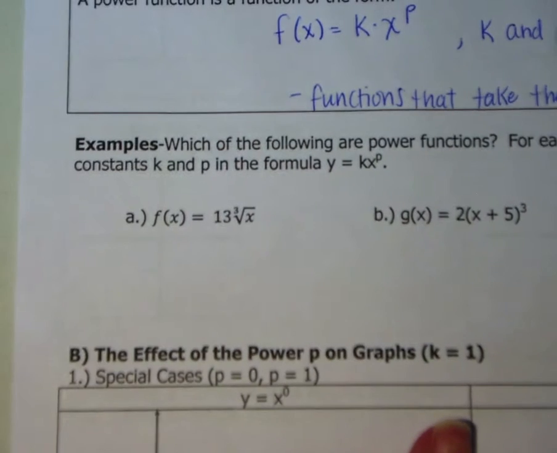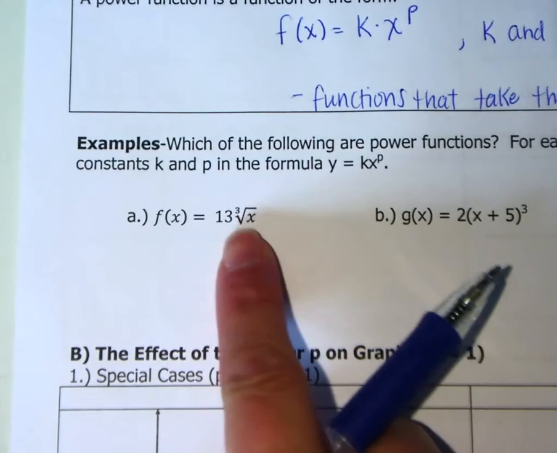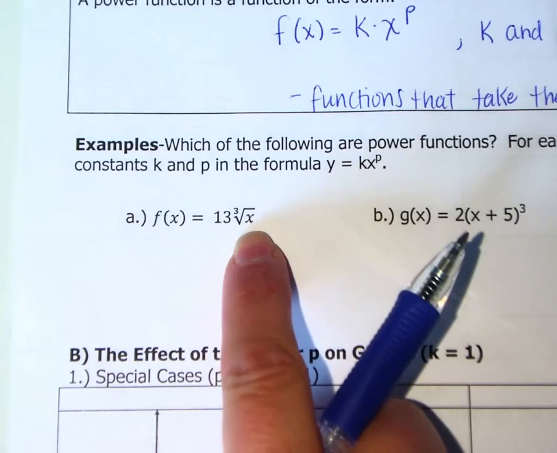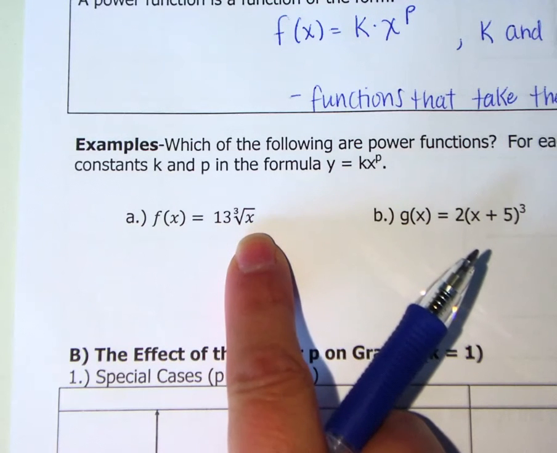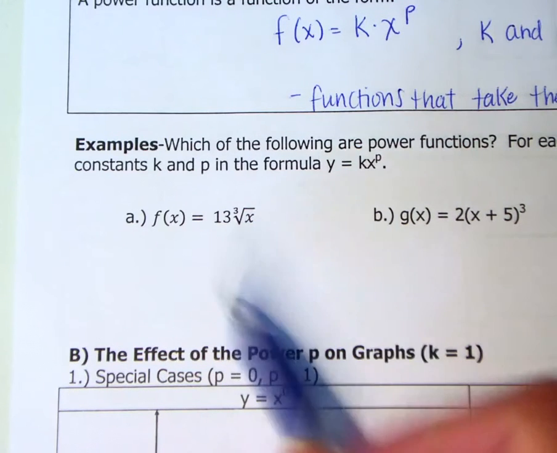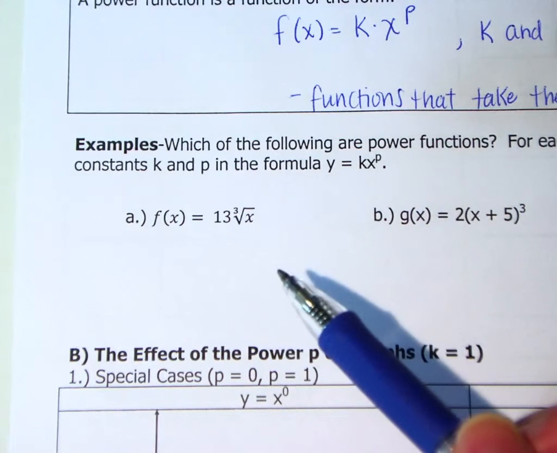So what we need to be thinking about is, can I somehow rewrite this so that my variable is taken to a power? Amber, you're shaking your head yes. How can we rewrite this so that our variable is taken to some power? Close.